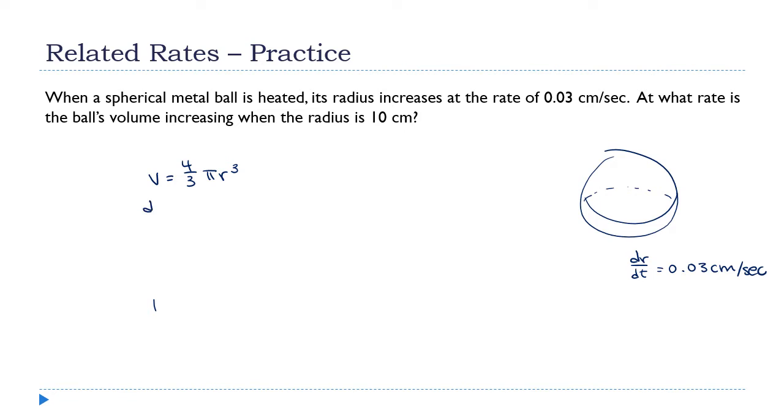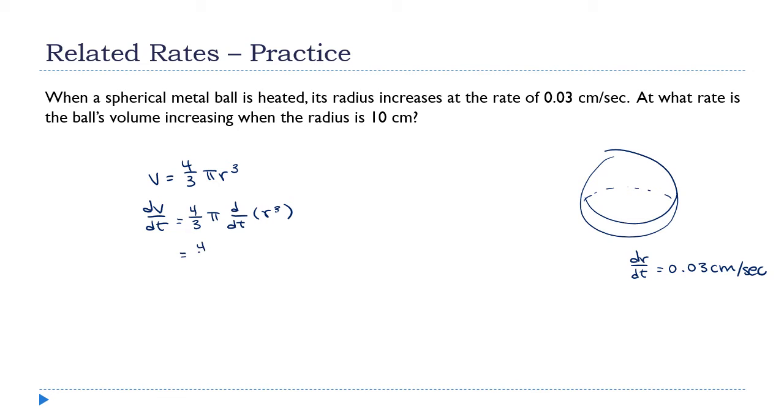So dV/dt is equal to 4/3 pi, that's just a constant, times d/dt of r cubed. Now that's because it's r of t, as you're thinking in the back of your head. So this is a chain rule situation.